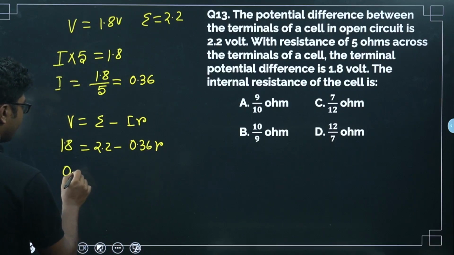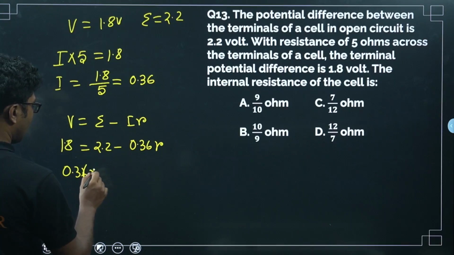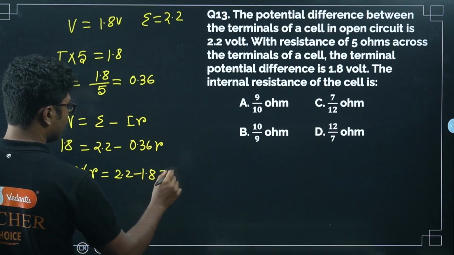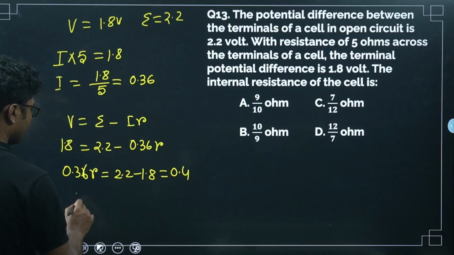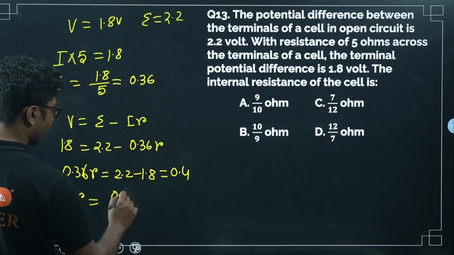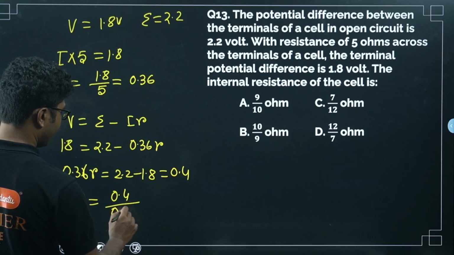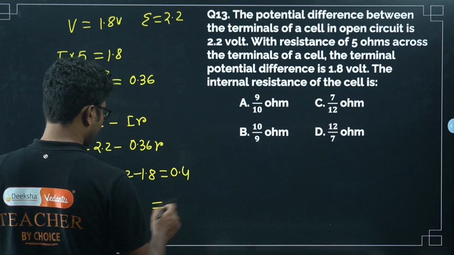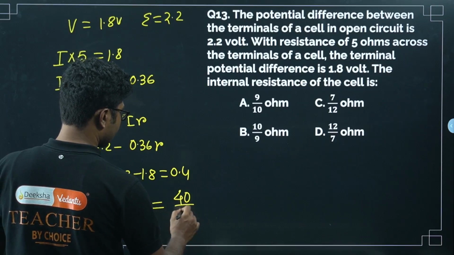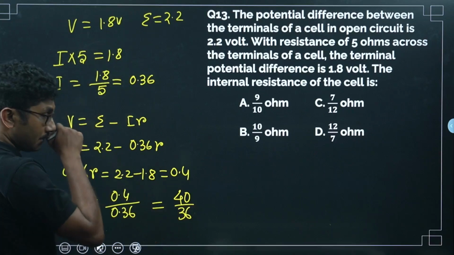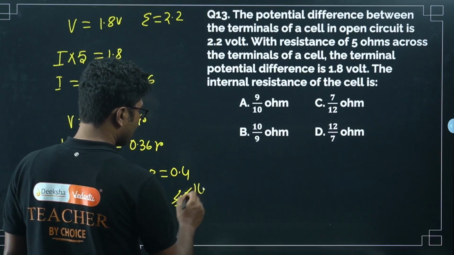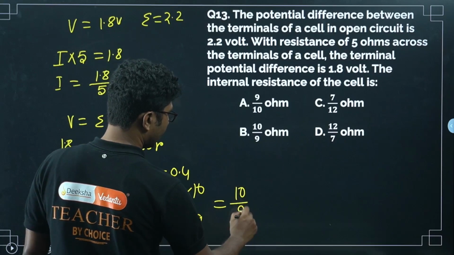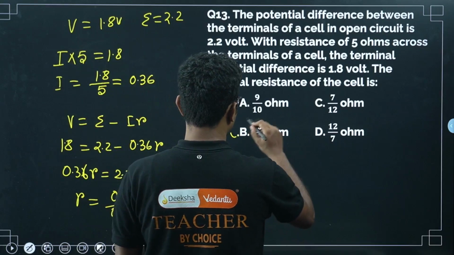So 0.36 r equals 2.2 minus 1.8, which is 0.4. So r is 0.4 divided by 0.36. If you remove the decimals, it will be 40 by 36. 4 tens are 40, 4 nines are 36, so it will be 10 by 9. So 10 by 9 ohm is the correct answer.